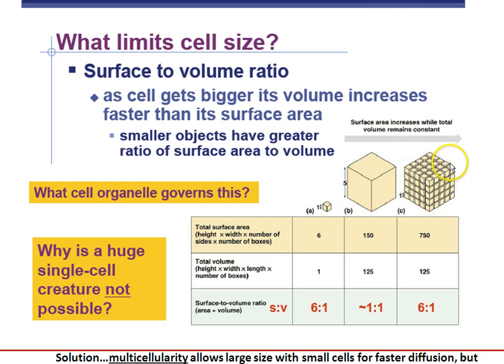So if you take a look at both these pictures, you can kind of visualize which one's going to have more surface area compared to the volume. They have the same volume, but this one here has a lot more surfaces for things to move in and out. So why is it important for cells to have a greater surface area to volume ratio? Well, the answer is moving stuff in and out allows for faster metabolism.